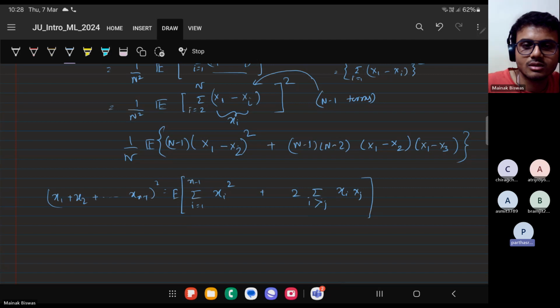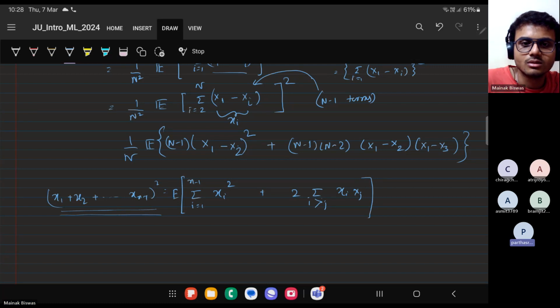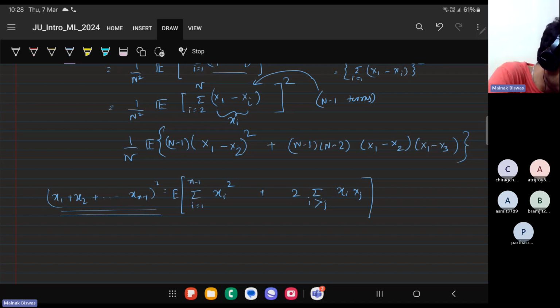That part where you did x1 minus xi, from i equals 2, that was clear, but then how did you break it like that? This you are asking, the summation of 1 to n, square of that. No, that n minus 1 x1 minus x2, still the whole thing is squared. I'm showing how it happened.